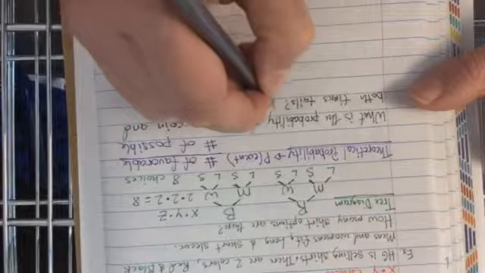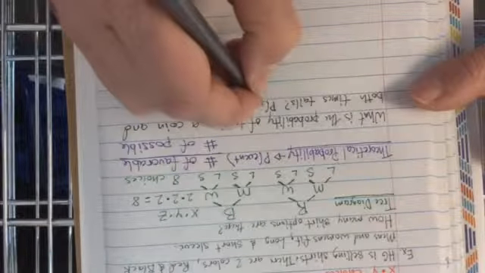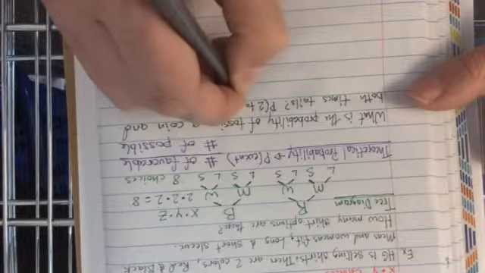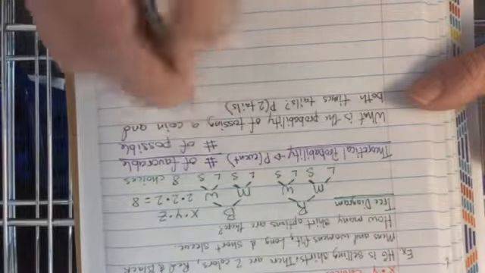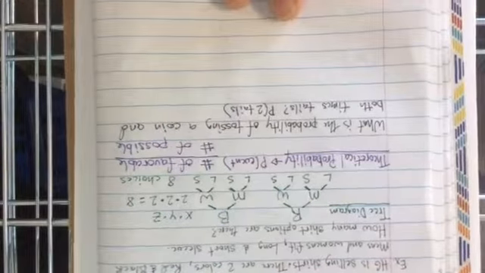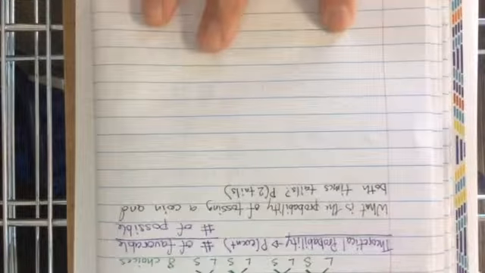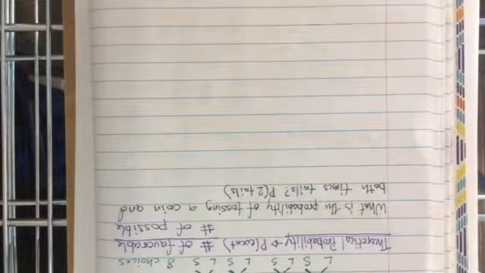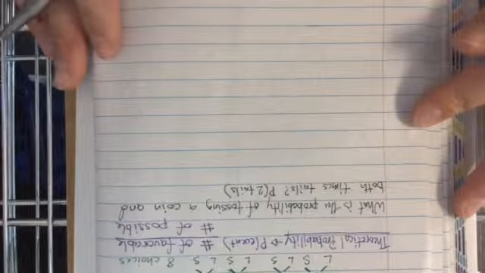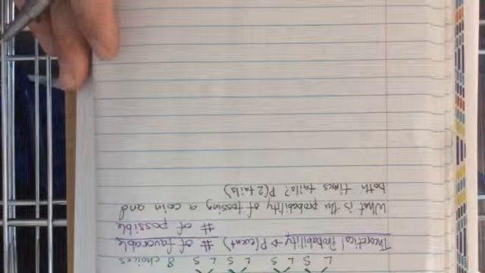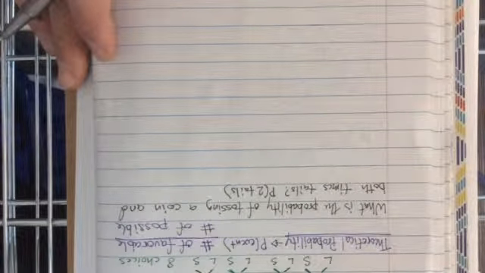Or you might see it something like P of 2 tails. So when flipping a coin, we have two options of it being heads or tails.